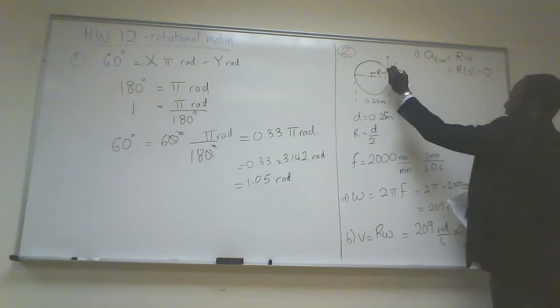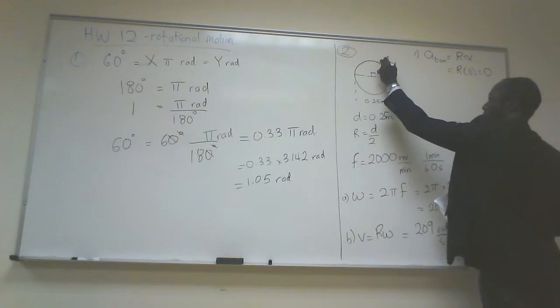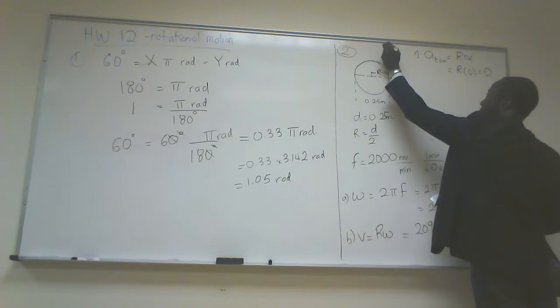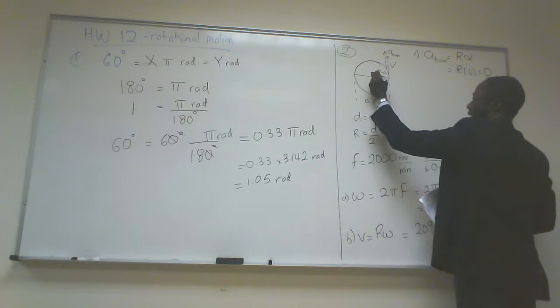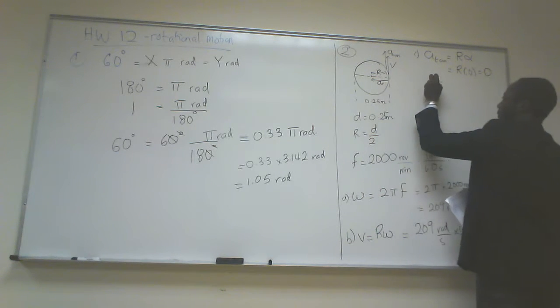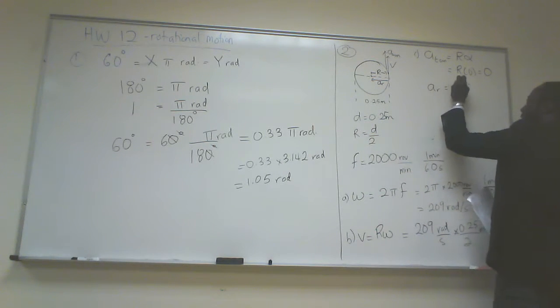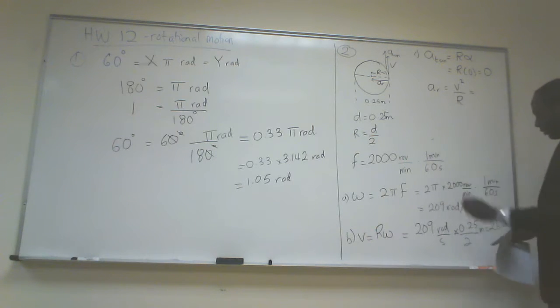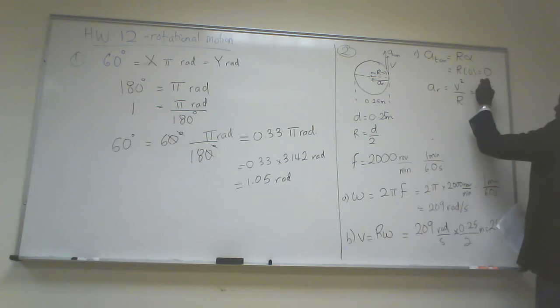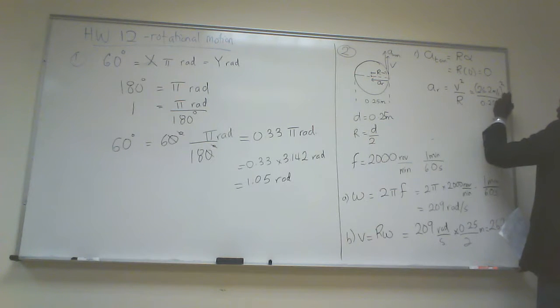And then we also have to find, so the tangential acceleration a tan points this way. But there's also going to be a radial acceleration, which is equal to v squared divided by the radius. So we put in the value of v, which is 26.2 meters per second, squared, and divide by the radius, which is 0.25 divided by 2 meters.